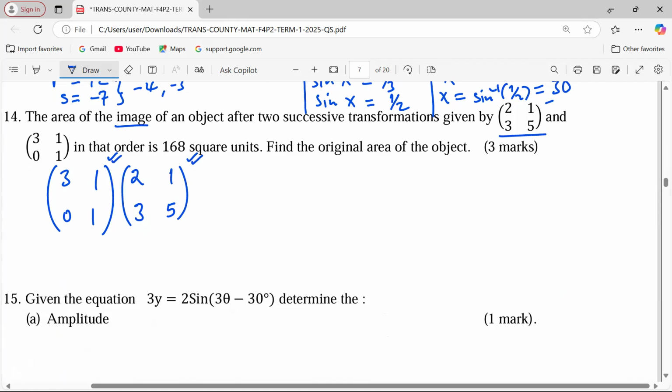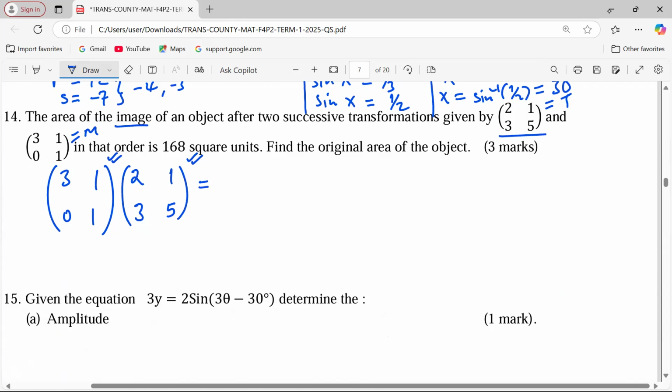In other words, assuming this is matrix T and this is matrix M, when I write them as MT, I mean T was performed first. So that's why I've written them that way. Now, when I take the product of these two matrices that way, I will get one single matrix that represents the successive transformation by the two of them.